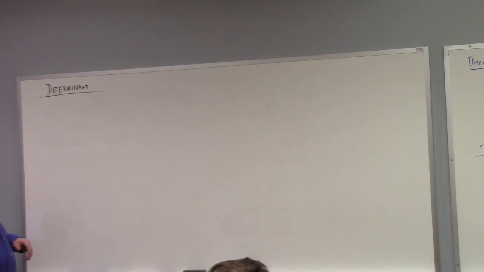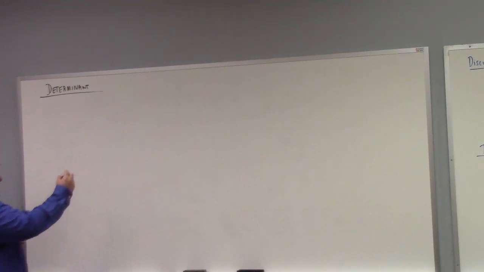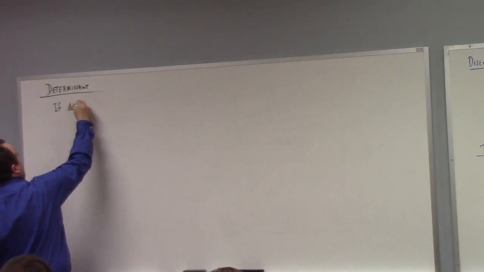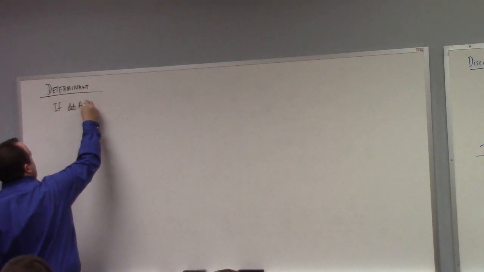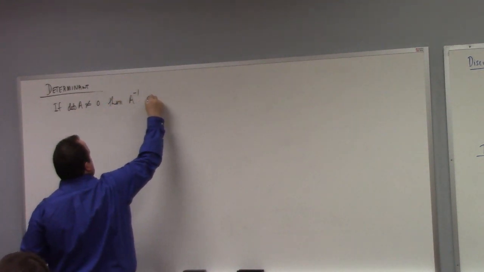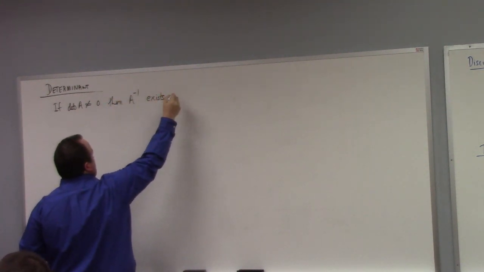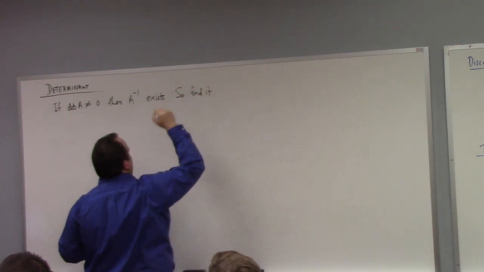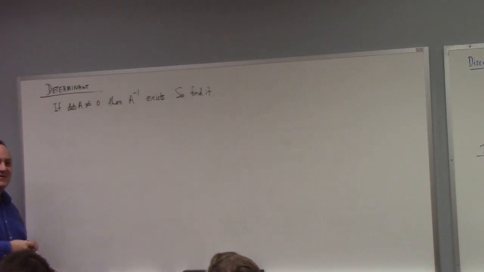In time, not today. So a problem, though, that is interesting is, if the determinant of A is not equal to 0, then A inverse exists, right? So find it. What are we trying to solve?